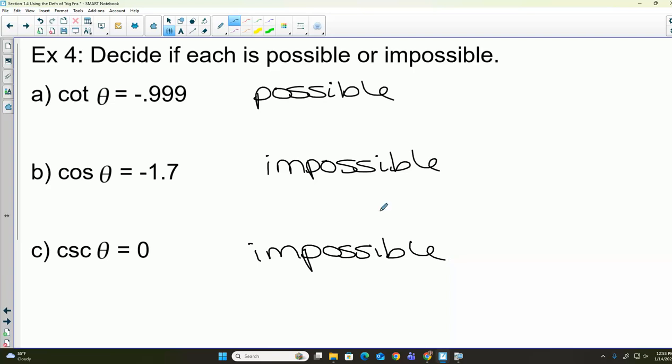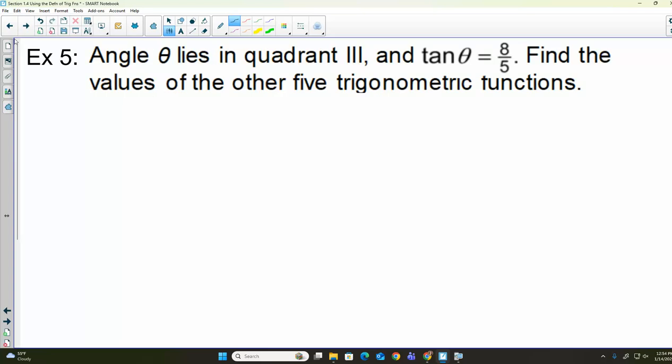All right, let's look at this problem. Angle theta lies in quadrant 3 and tangent of theta equals 8/5.